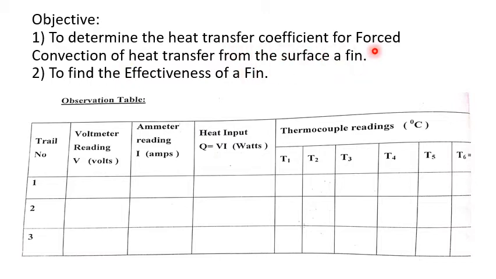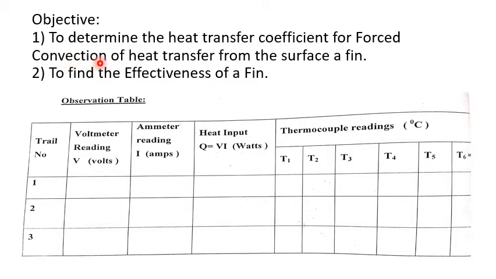So let us first study what we mean by forced convection. First, what we mean by convection. Convection is the mode of heat transfer in which the heat exchange takes place between a solid surface and the adjacent fluid that is in motion.